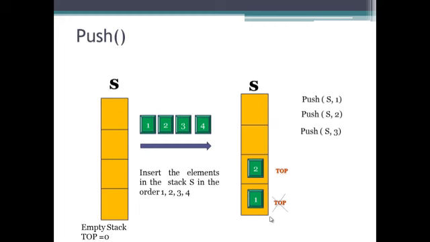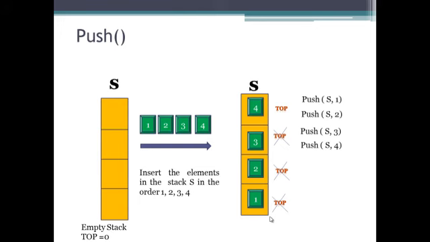Similarly, for the third element, the top is now incremented and pointing to the next location where we have the third element. Now 3 is on the top. Now 4, we again call the function push to insert 4 onto the stack. Again 3 is no more on the top, we have 4 on the top.